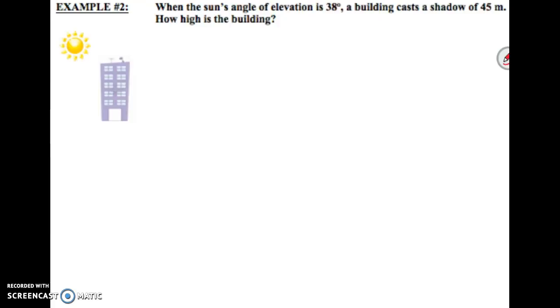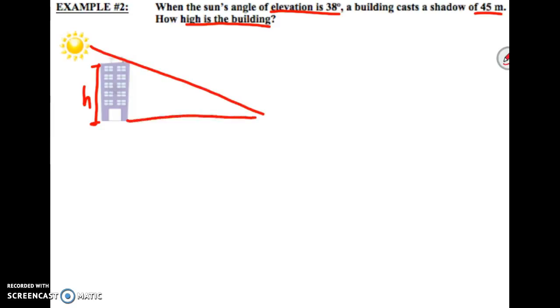For example 2, it says when the sun's angle of elevation is 38 degrees, a building casts a shadow of 45 meters. We're trying to find out how high the building is. So we're looking for height. We know that the building casts a shadow of 45 meters.